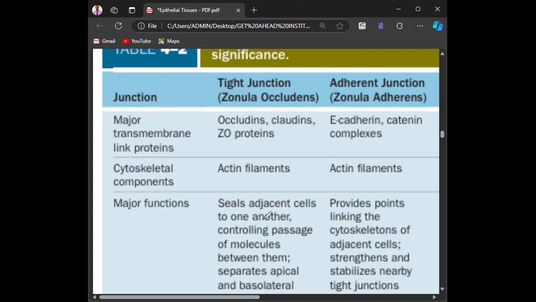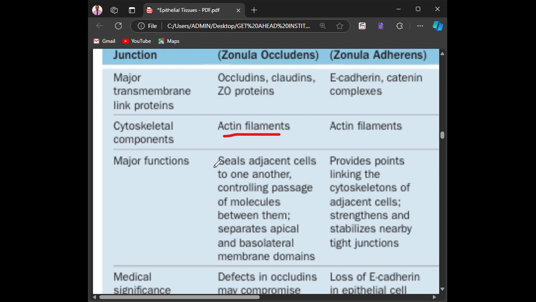The cytoskeleton that makes tight junctions is actin filament. The major function is that it seals adjacent cells to one another, thereby controlling the passage of molecules between those particular cells.